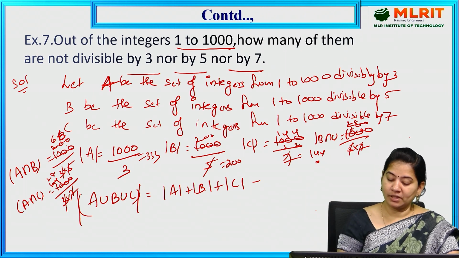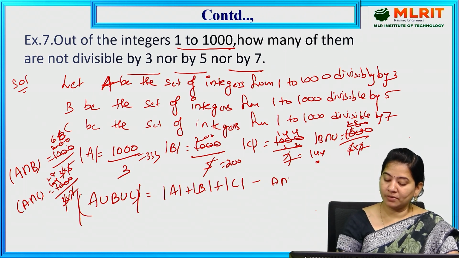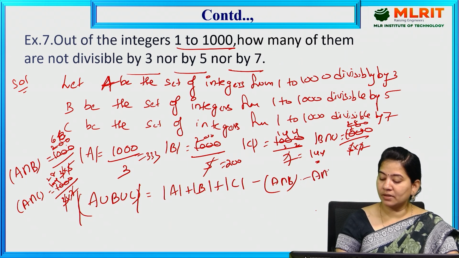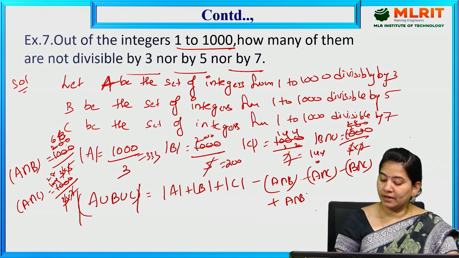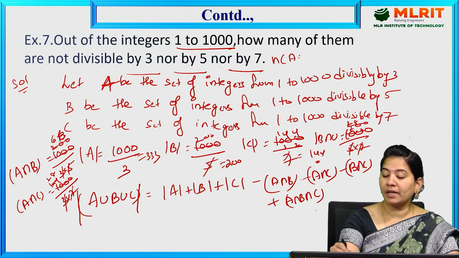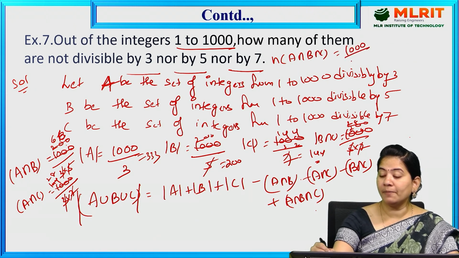So the same thing here, minus A intersection B, minus A intersection C, minus B intersection C, plus A intersection B intersection C. So you have to find out N of A intersection B intersection C also, which is nothing but 1000 by 3 into 5 into 7.